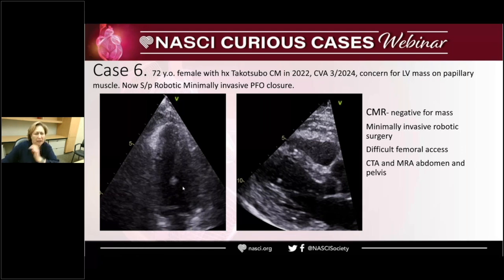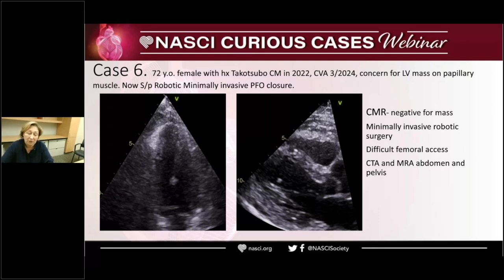You can see this really small, very well demarcated hyperechoic lesion that was measured at 8 millimeters, I believe, and it's really near the papillary muscle. So we thought that could be a fibroelastoma, one of the differential diagnoses.